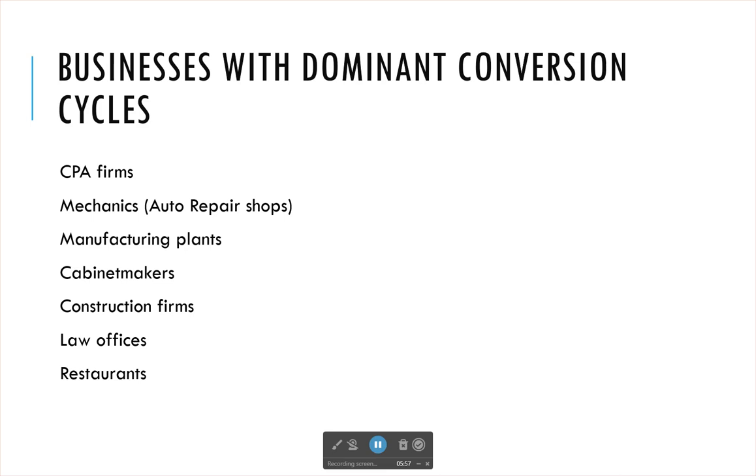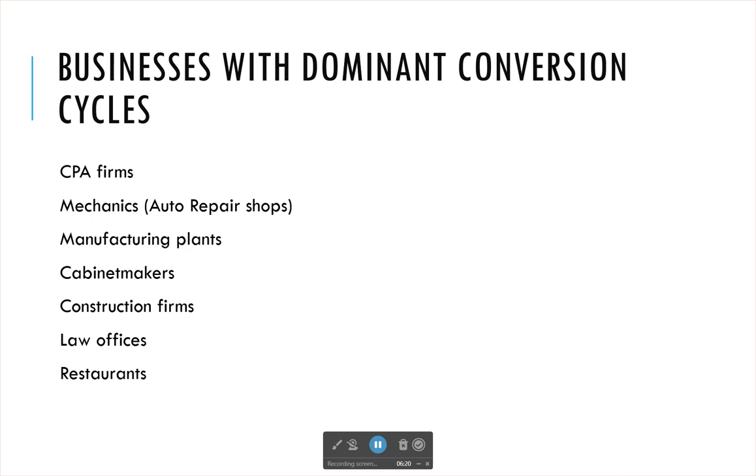Construction firms. Construction firms are interesting because here you have construction in process, and you probably covered this about how to handle long-term construction projects when you took Intermediate Accounting 1.